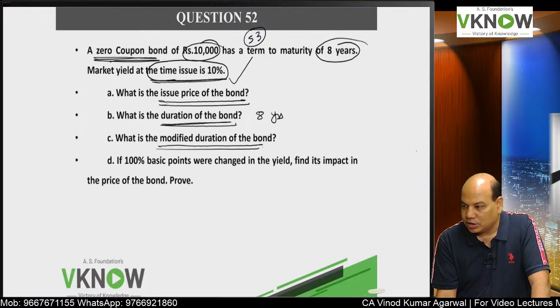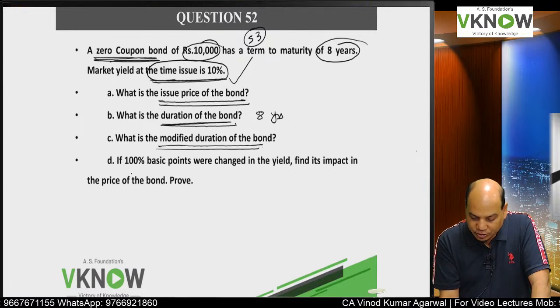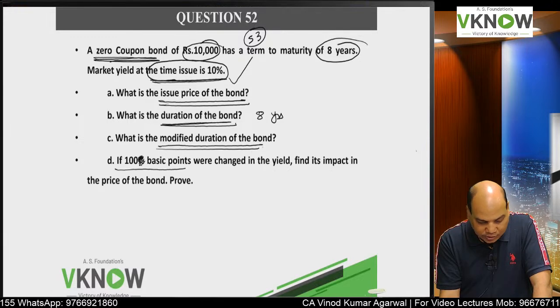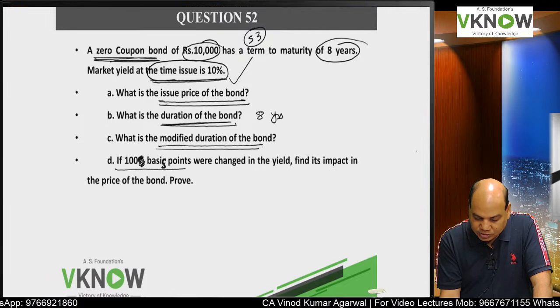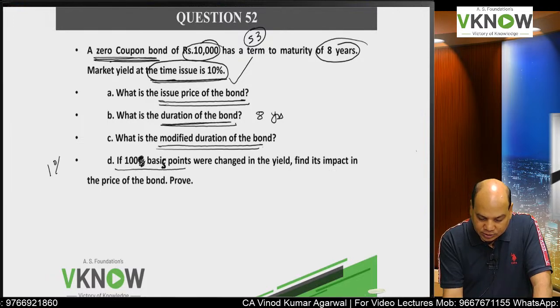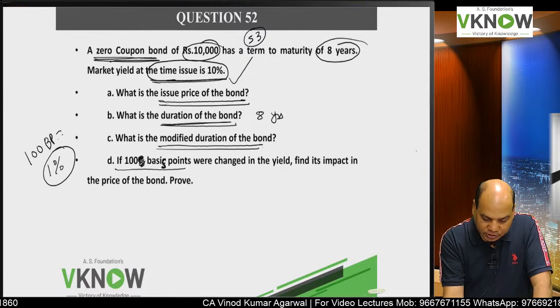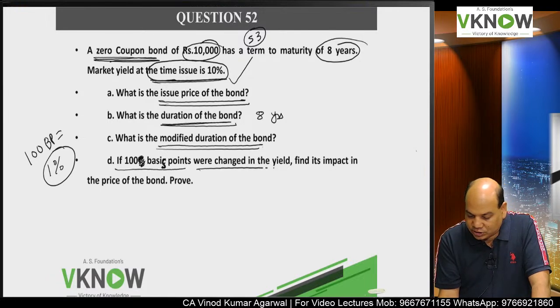Duration upon 1 plus YTM. And if 100 basis points, remove the percentage sign here. 100 basis points means 1%, were changed in the yield.